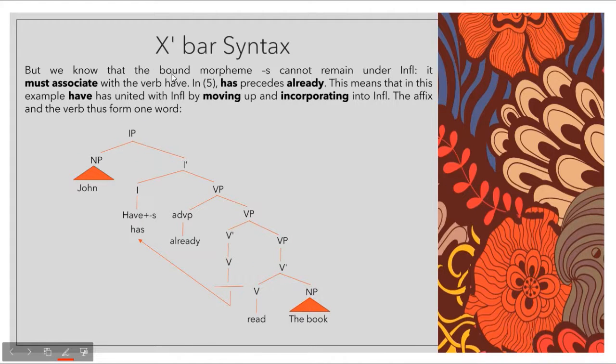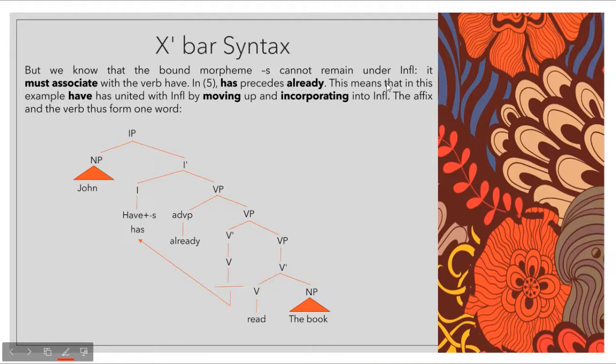But we know that the bound morpheme s cannot remain under Infl. It must associate with the verb have. In 5, has preceded already.